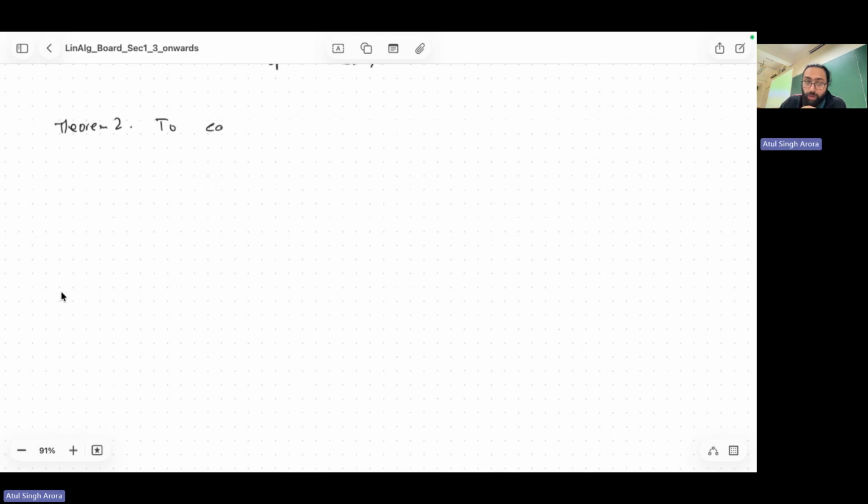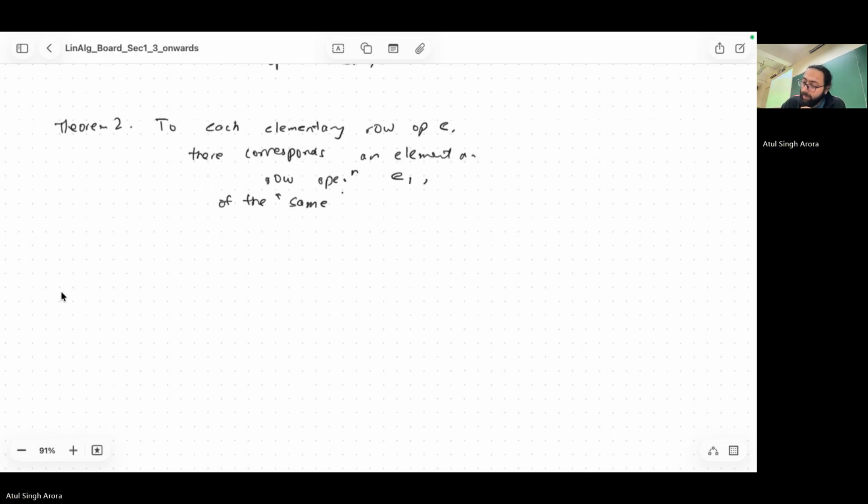To each elementary row operation E there corresponds an elementary row operation E1 of the same type as E, such that E1 of E acting on A is the same as E acting on E1 of A, for all A.